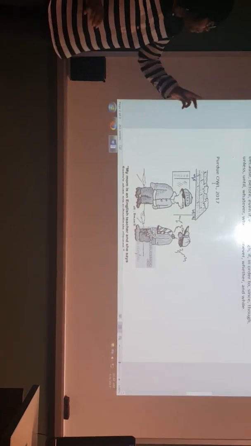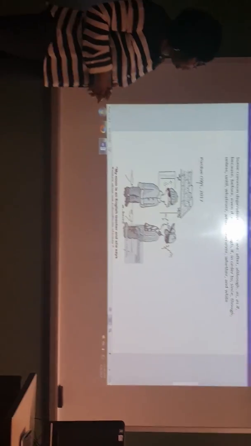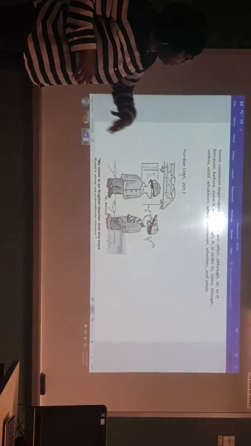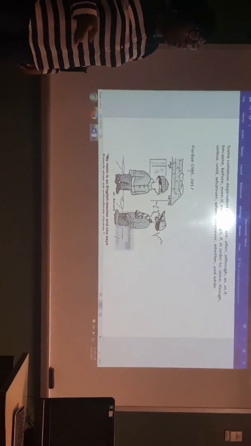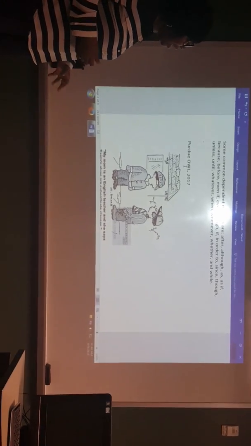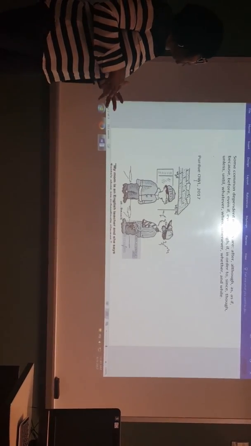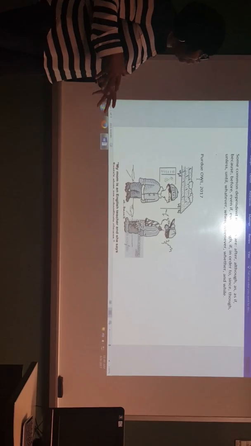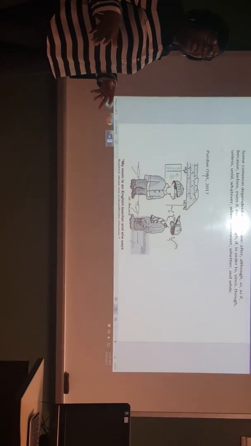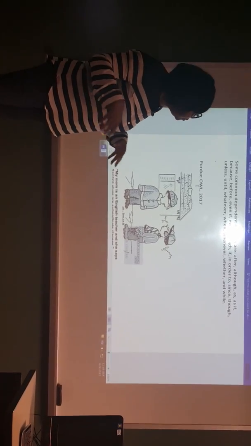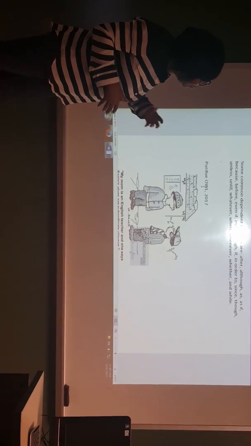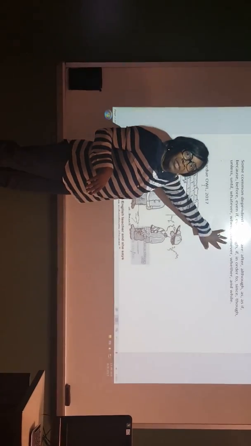Some common dependent markers are as follows. There's a list: after, although, as if, because, before, even as, etc. Can you think of a sentence where you may use one of these?